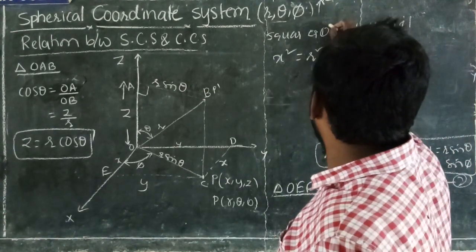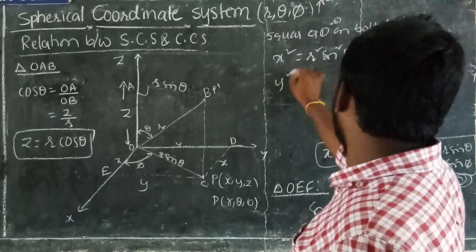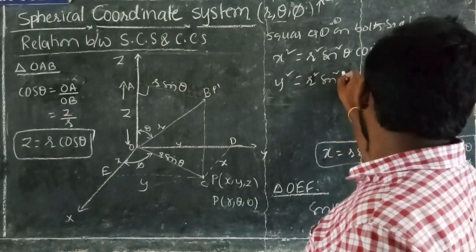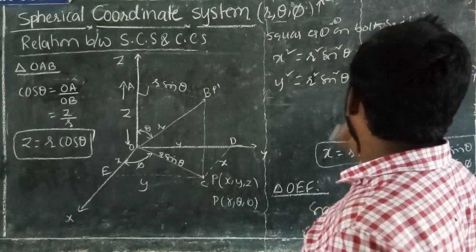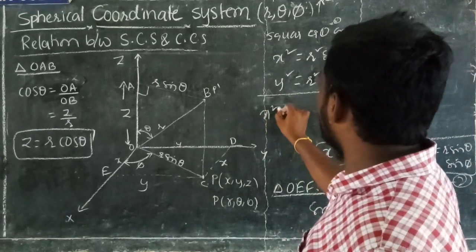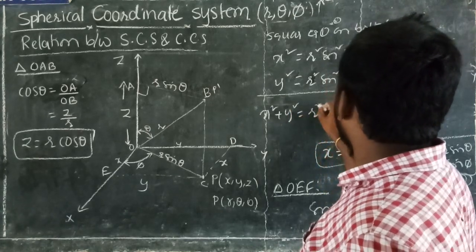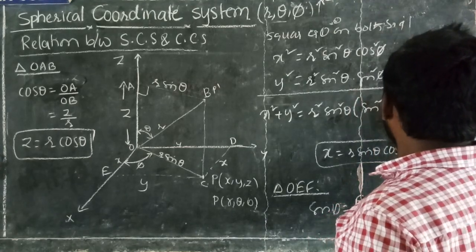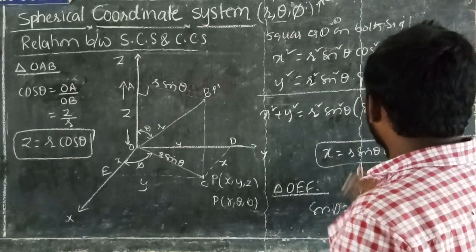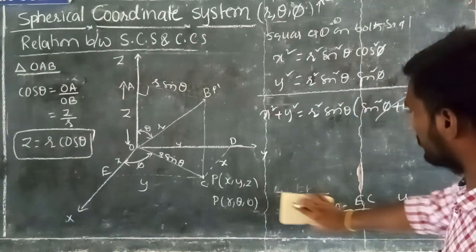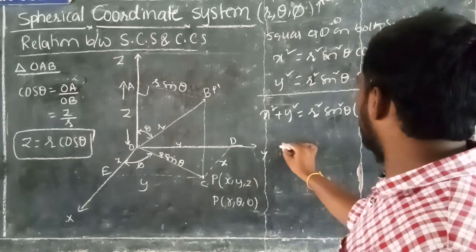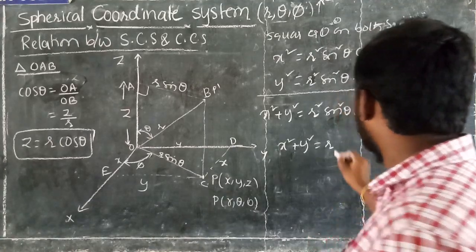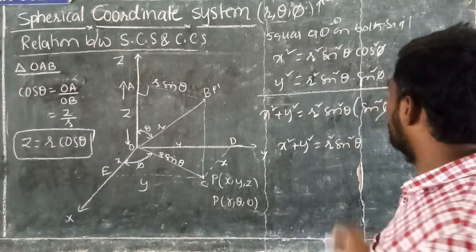Squaring equation 2 on both sides, I get y square equals r square sin square theta sin square phi. Add these two equations, so that we get x square plus y square equals r square sin square theta, which is common, times sin square phi plus cos square phi, which becomes 1. So x square plus y square is equal to r square sin square theta.